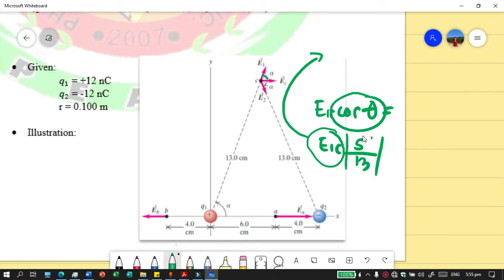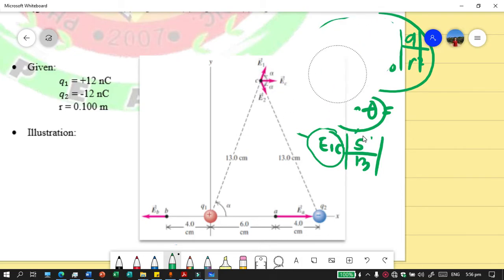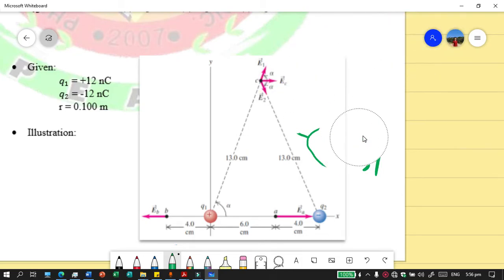So, yung formula niyan is E is equal to 1 over 4 pi epsilon naught times charge over r squared. So, if meron tayong isosolve mamaya, ito yung magiging reference natin. Okay? So, let's try to erase this one. Proceed tayo.